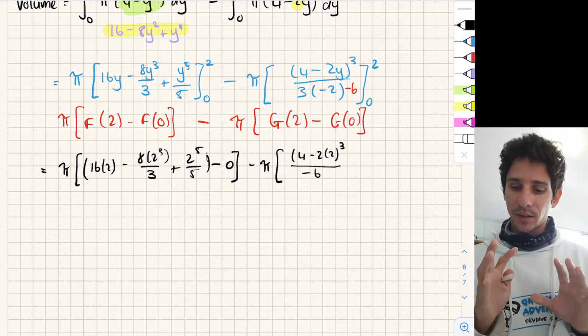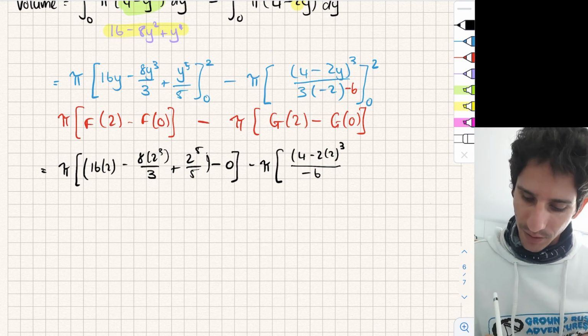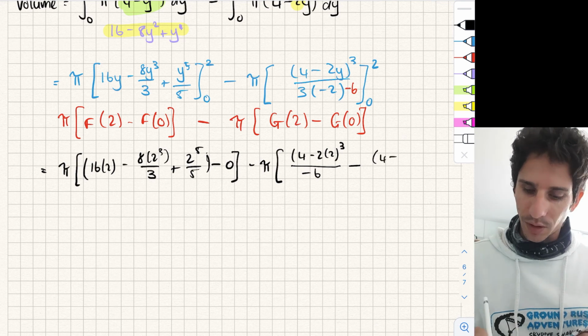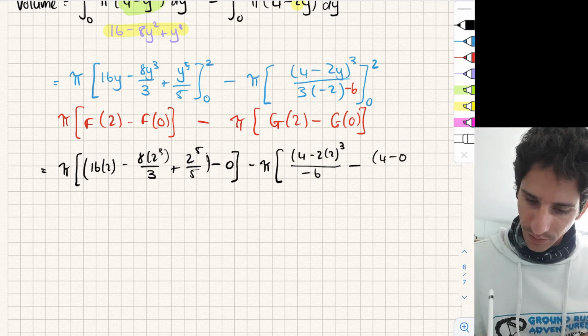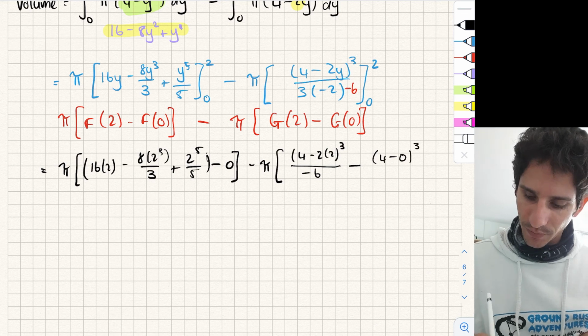That's my f of 2, and I'm taking away 4 minus, well, 2 times 0 is going to be 0, all cubed, divide by minus 6.